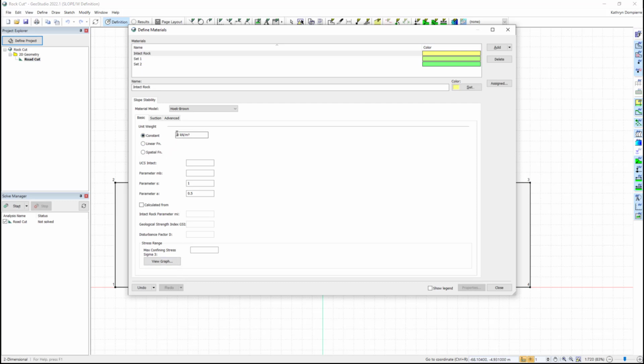I will assign a unit weight of 20 kilonewtons per cubic meter, a UCS intact value of 20,000 kPa, and the other parameters will be calculated from an intact rock parameter of 10, a geological strength index of 35, and a disturbance factor of 0.9. Finally, I will set the maximum confining stress for sigma 3 to 300 kPa.